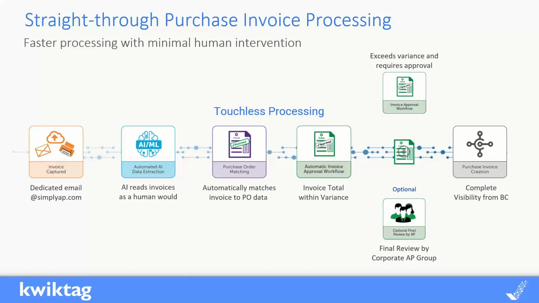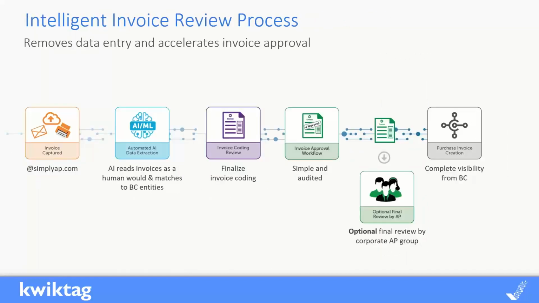We automatically match the invoice to the purchase order and the receiving data. And if that total is within a variance and a tolerance, again, Michael's going to show you this, it can go straight through to BC, or you can have it optionally routed for review and approval, or if it exceeds a variance, that sort of thing, it might need to be routed. So that's straight through processing, typically with a 3-way PO match for the purchase invoice.